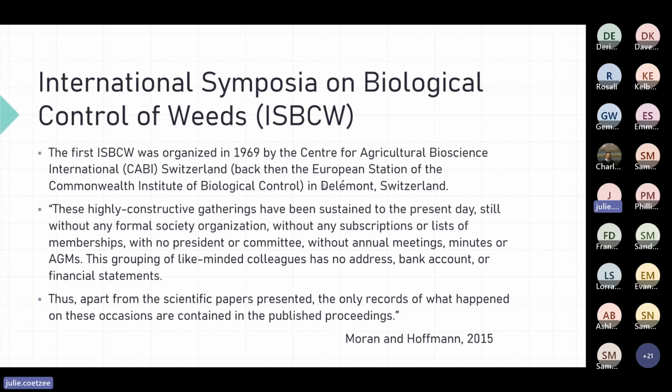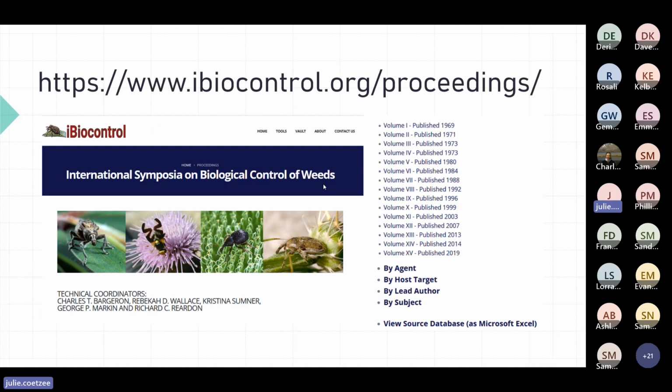And these proceedings are now all available online at this website at biocontrol.org, all the way from 1969, the first meeting, to 2019, which was the latest, or the meeting before the one that we just attended in Delamar, Switzerland.